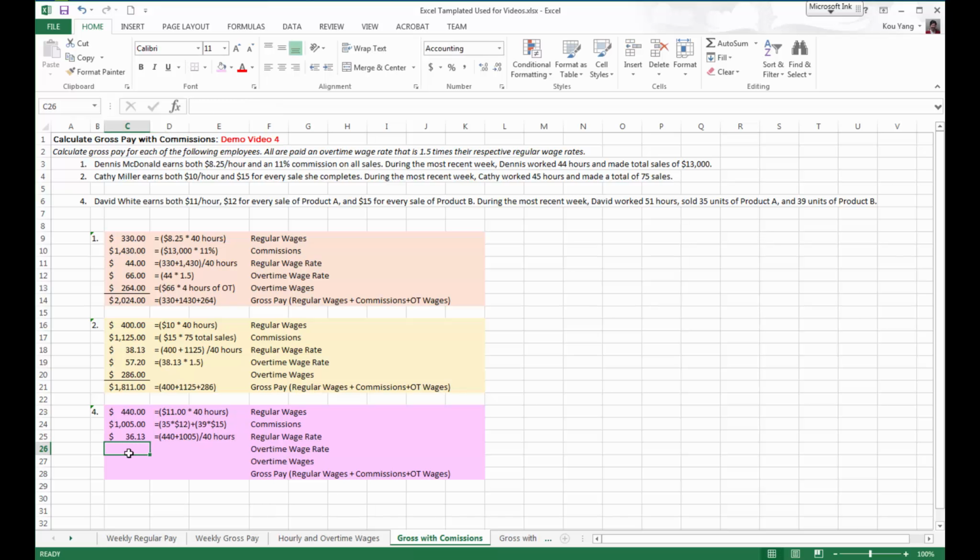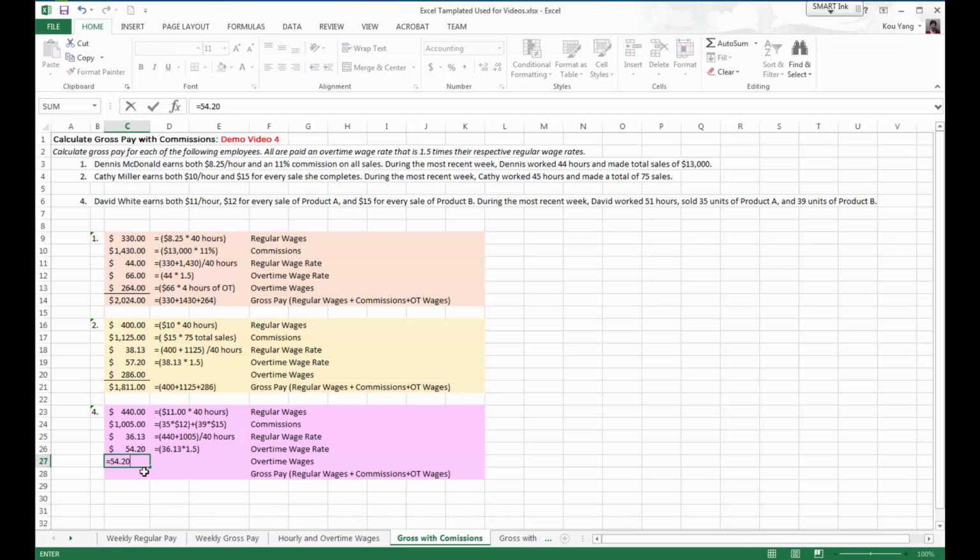Okay. The overtime wage rate. Taking $36.13 times 1.5. My overtime wages then, I'm going to take $54.20 times the total number of hours that he worked.